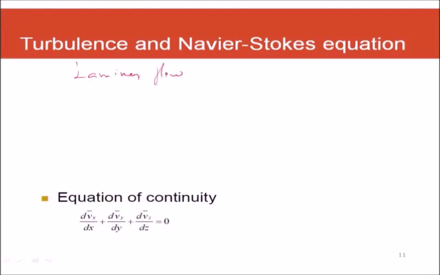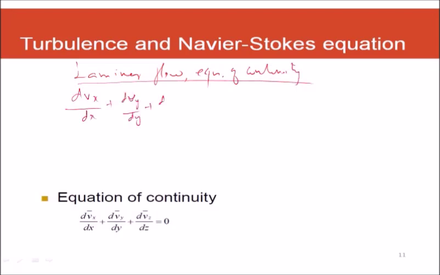This is the equation of continuity for laminar flow of an incompressible fluid. Vx, Vy, Vz are constants with time.